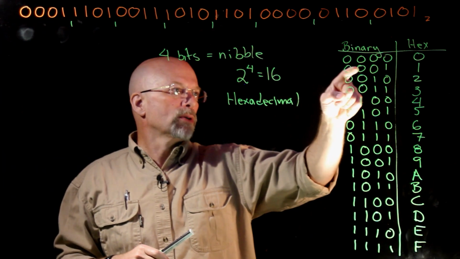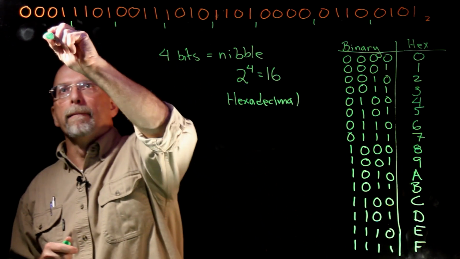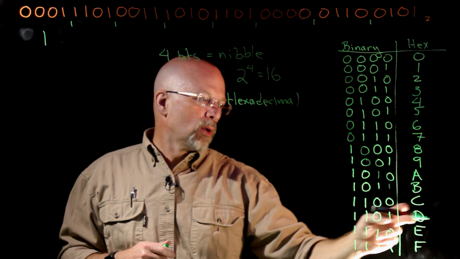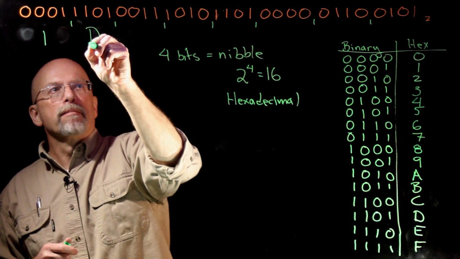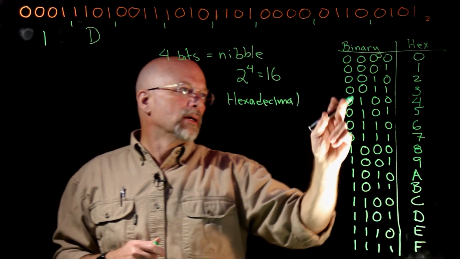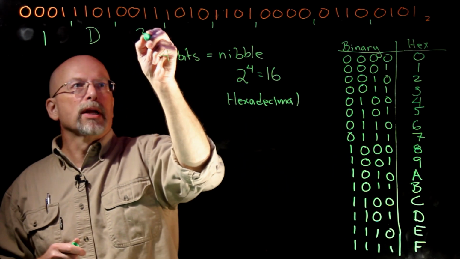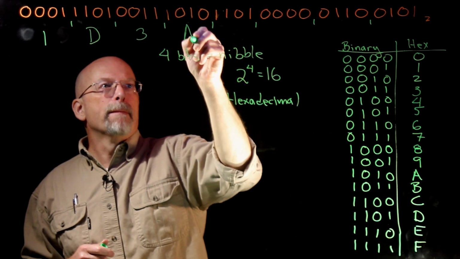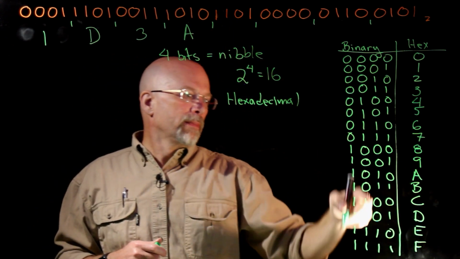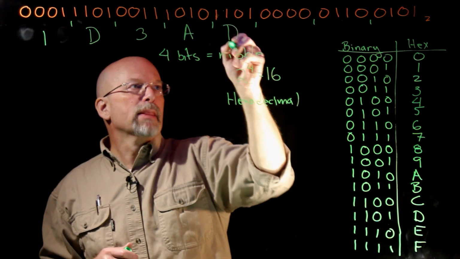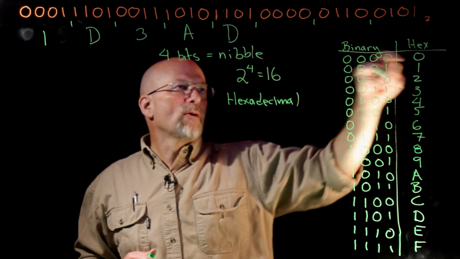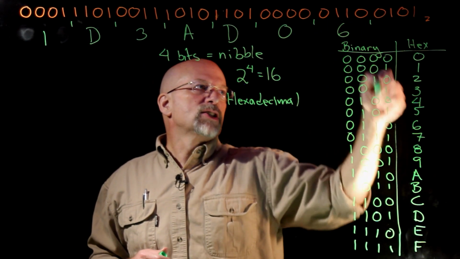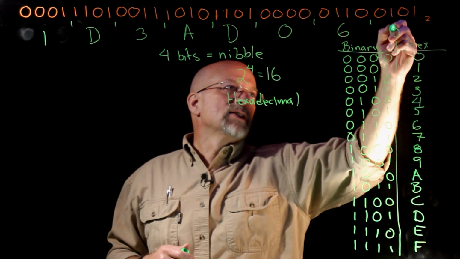We go down the table, 0001, that is a 1. 1101, we go down the table, 1101, that is a D. 0011, that is a 3. 1010, we talked about that one, that is the A. 1101, that is a D again. 0000, top row of our table, is a 0. 0110, that is a 6, and 0101, that is a 5.